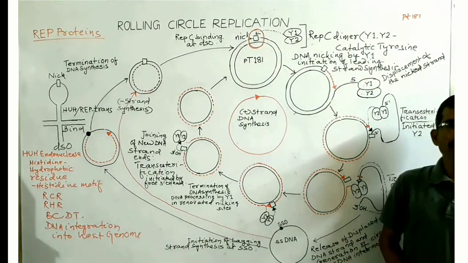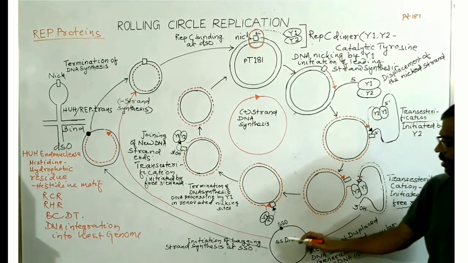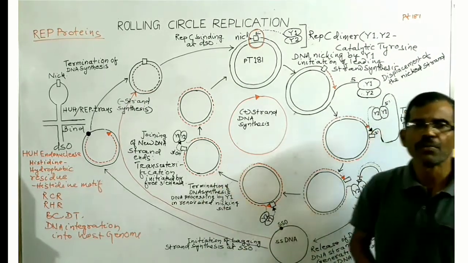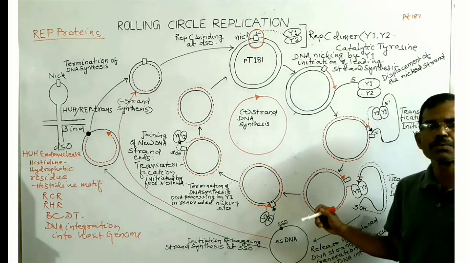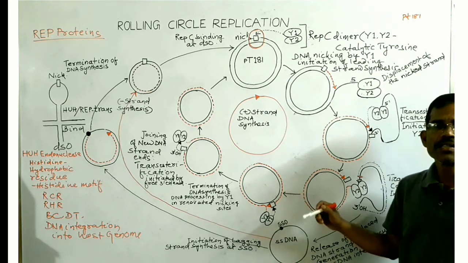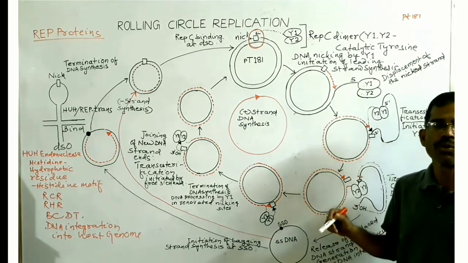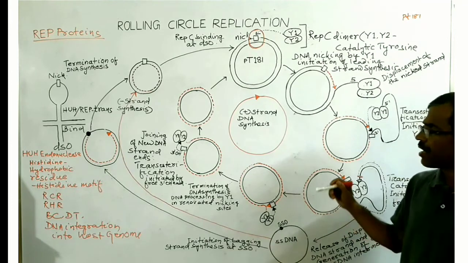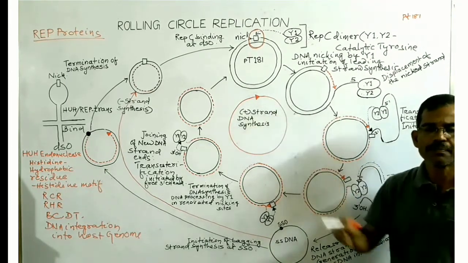The conversion of circular single-stranded DNA intermediate into double-stranded form is initiated at the replication origin of the lagging strand that is known as SSI in phi X174 and as SSO in the plasmid PT181.